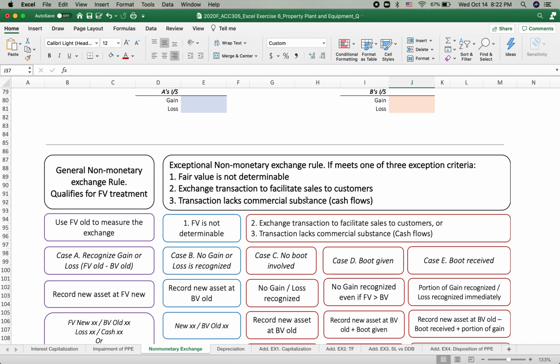Even though we exchange the PP&E, the PP&E should produce some probable future benefit calculated by the future cash flows, but it doesn't have the future cash flows, or it's hard to get the future cash flows. So that has no commercial substance, or lacks a commercial substance case.